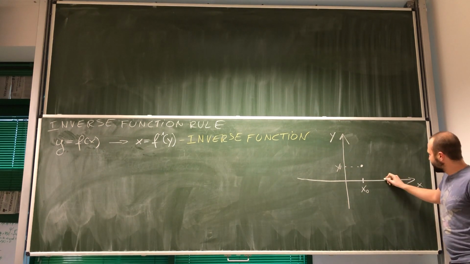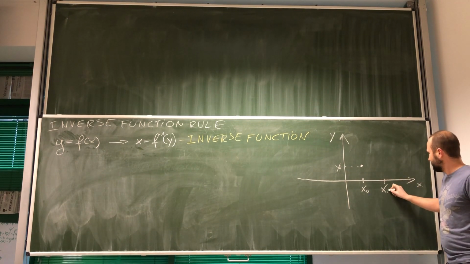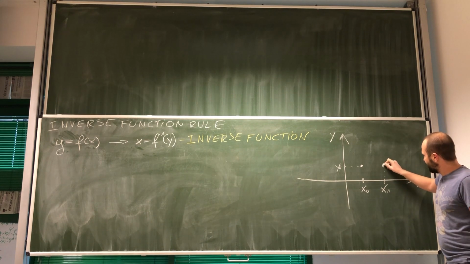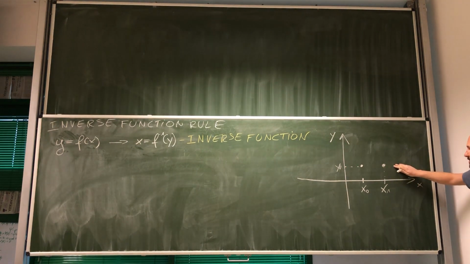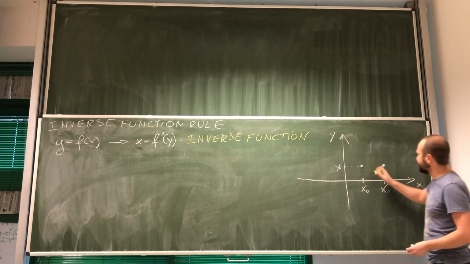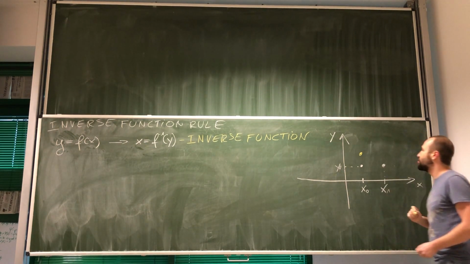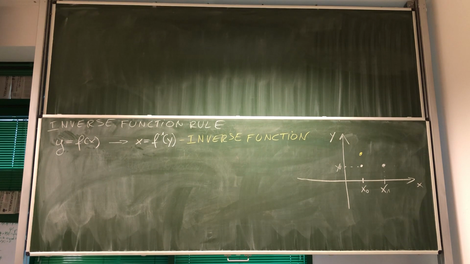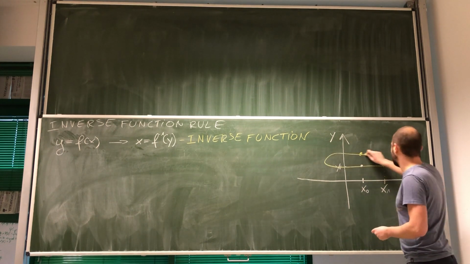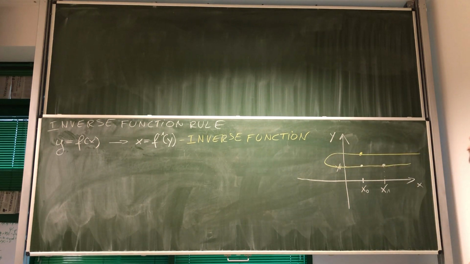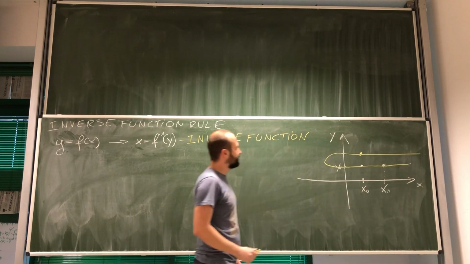Which of course means that for two x's, we can have the same value y, but what we cannot have is, for example, two possible y values for one x. And look, with some quadratic function, we could obtain a result like this, right?